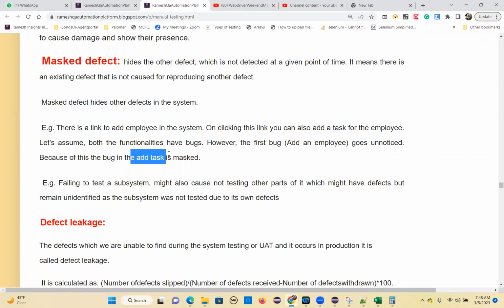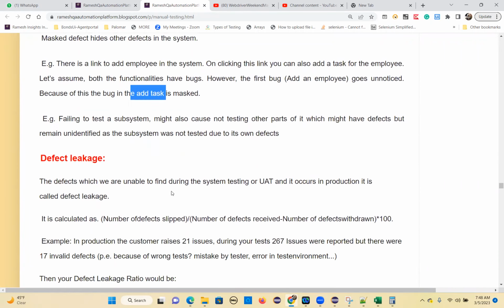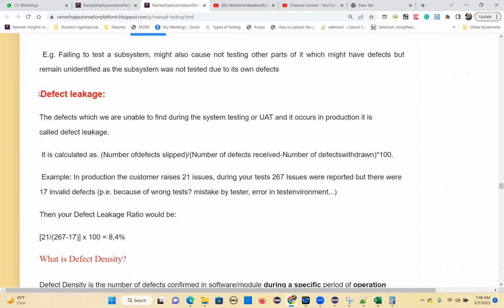Yes, sir. Clear, sir. So, defect leakage. This is also asked several times in interviews. These are defects which you were unable to find during your system testing or UAT testing, but which were found in production by the customer. Leakage means something moving forward, right?